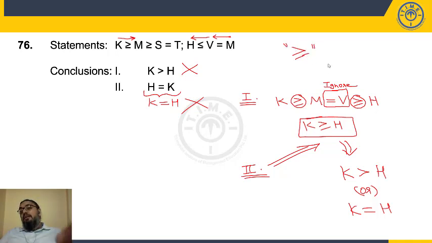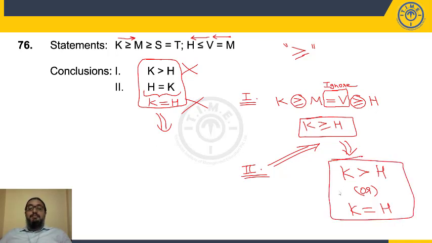You will say greater than or equal to. So if you look at them independently, you will say that it does not follow. Are you understanding my point? But if you look at them collectively, you will have K greater than H and you will also have K equal to H. And that is exactly what I have got as my result.